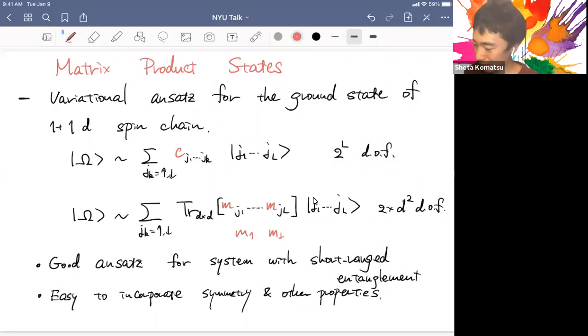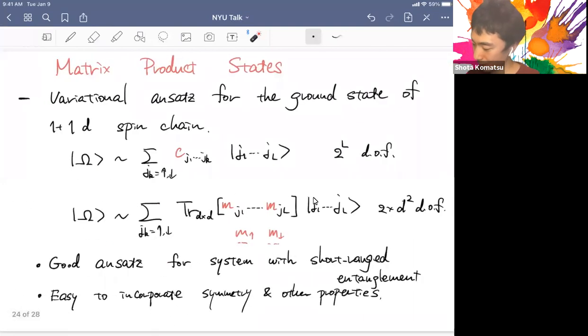In this case, because you only have 2 matrices, each of which is D times D, you only have 2 times D squared degrees of freedom. And if this ansatz is good, then it's much more efficient. Of course, the question is whether this ansatz is good or not. But it is known to be good if the system has short-range entanglement. And another nice feature is that it's easy to incorporate symmetry and other properties that you want to include.